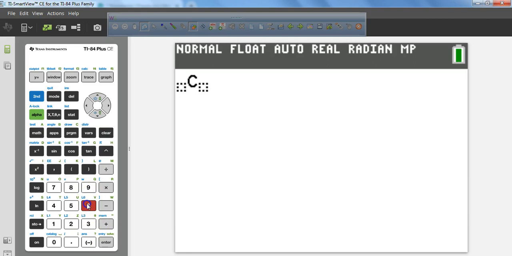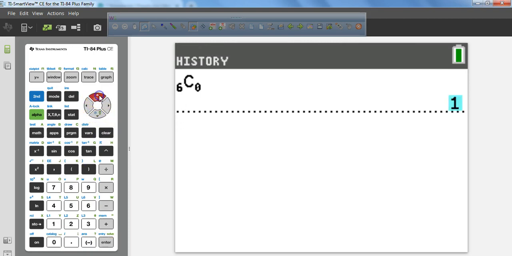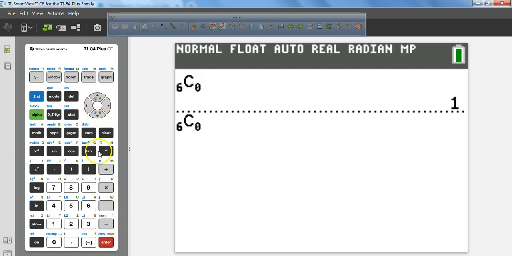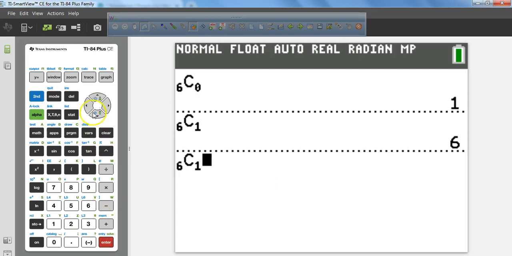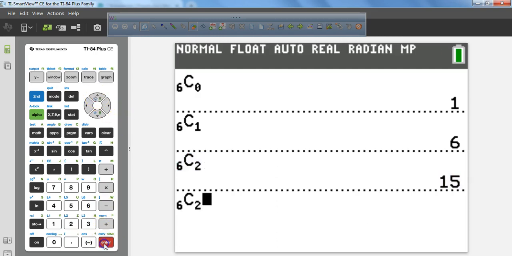You can say 6 choose 0, and that gives you your first. If you scroll back up there, you say 6 choose 1. See how it goes 1, 6. And then watch what happens here. You do 6 choose 2, and you'll see it pops out 15. So you see the pattern, hopefully.